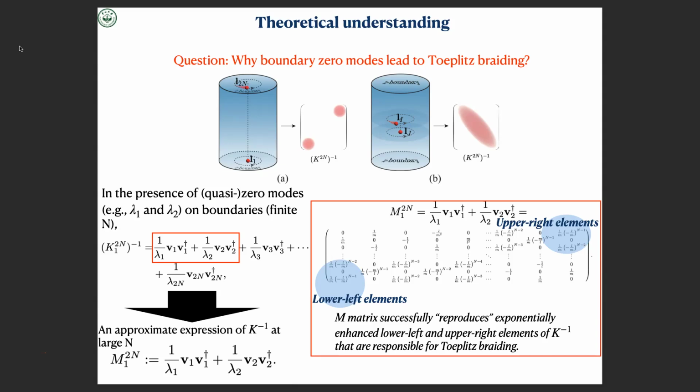Maybe we need to add some more conditions, but I think usually when we see localized modes with zero energy, that's already assuming the Bloch Hamiltonian has some kind of particle-hole symmetry. That's why the spectrum looks so symmetric, and if there are modes localized, they are localized in the middle. Otherwise, it can be shifted.